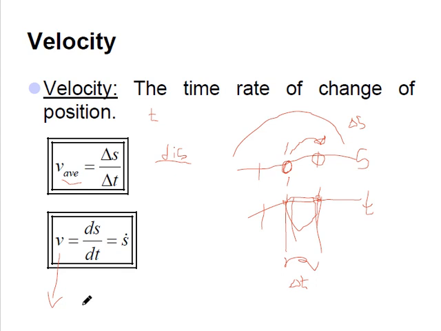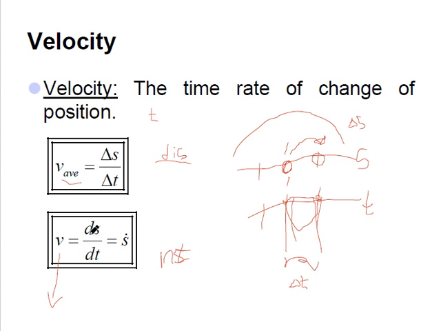So the second equation is for instantaneous velocity. We call that instantaneous, INST, meaning instantaneous velocity. Some scholars want to write it that way to remind you it is an average. Without it, it's just the plain instantaneous velocity.